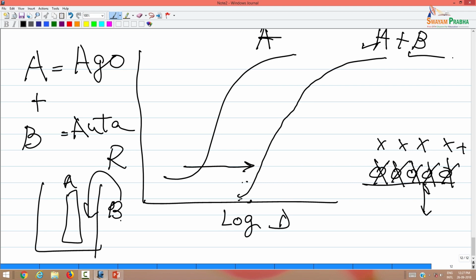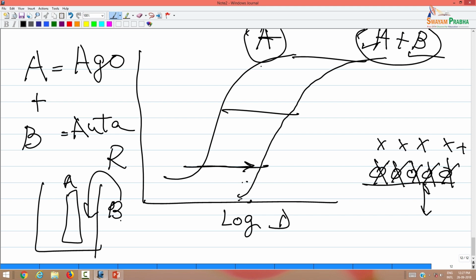Three important findings. One is, when you give an agonist, it will produce a log dose response curve. When you give an antagonist in the presence of agonist, you will require a high dose of agonist to produce the same response, and the maximum is achieved.